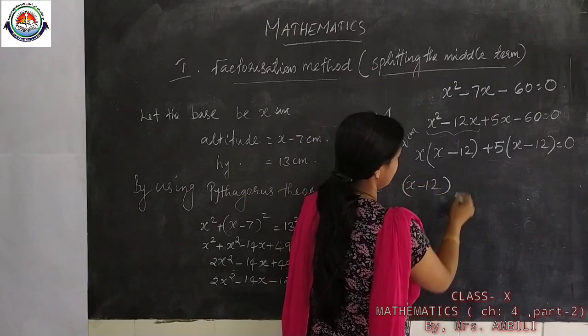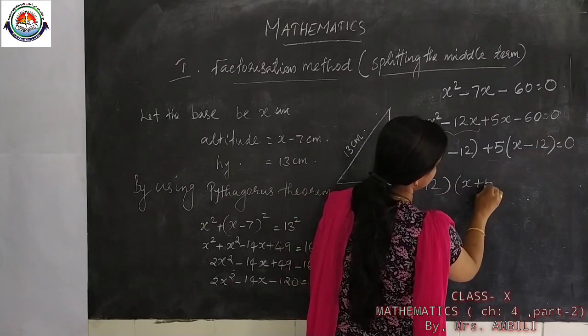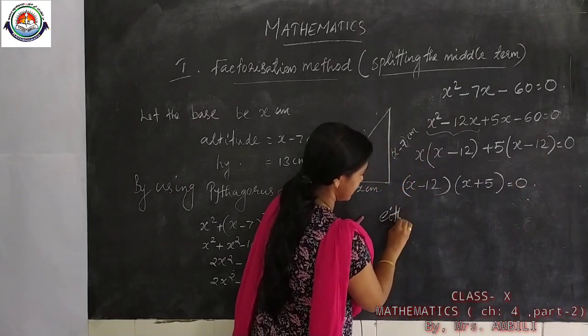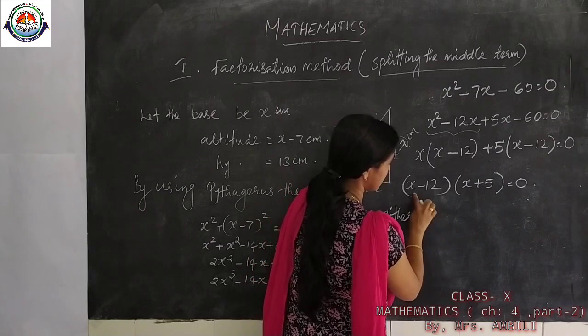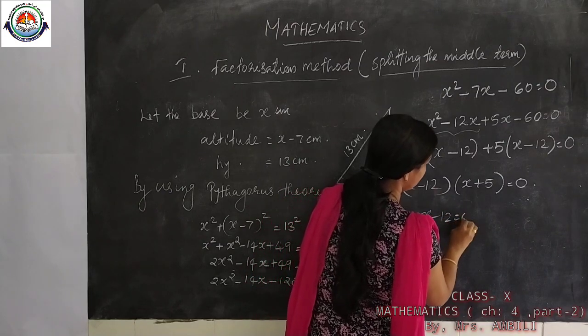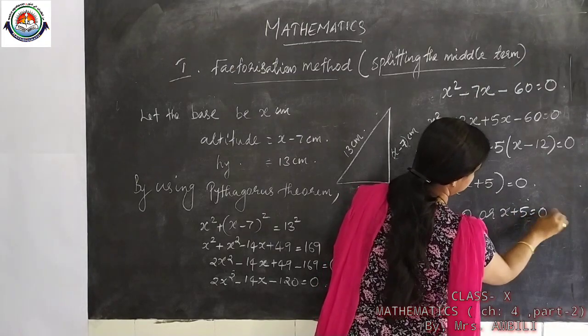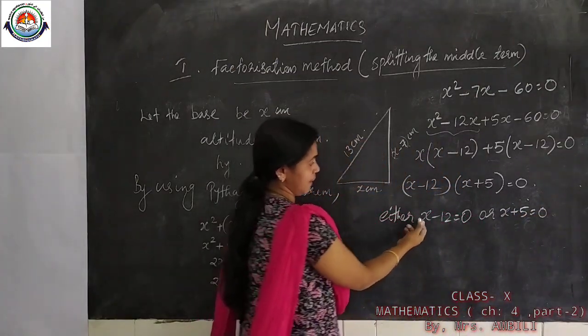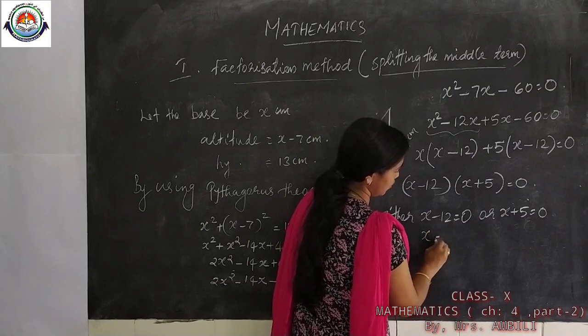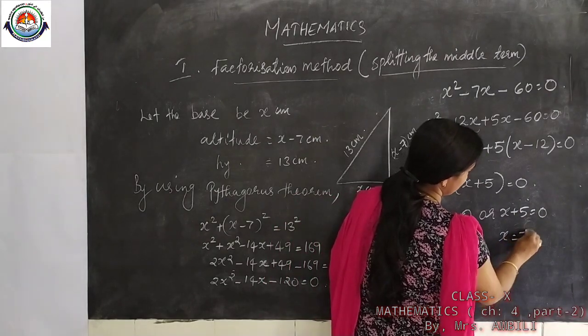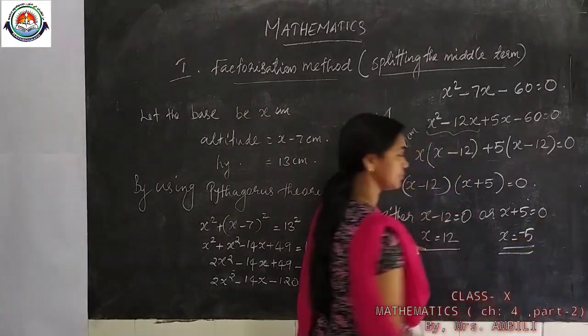So, x minus 12 into x plus 5 equal to 0, which implies either x minus 12 equal to 0 or x plus 5 equal to 0. x minus 12 equal to 0 means x equal to 12. x plus 5 equal to 0 means x equal to minus 5.